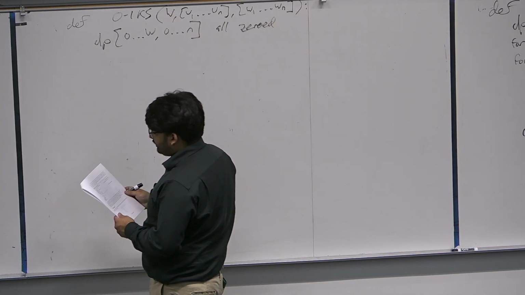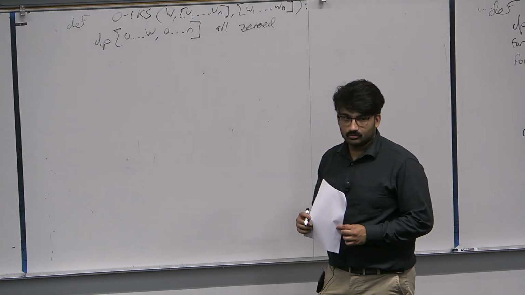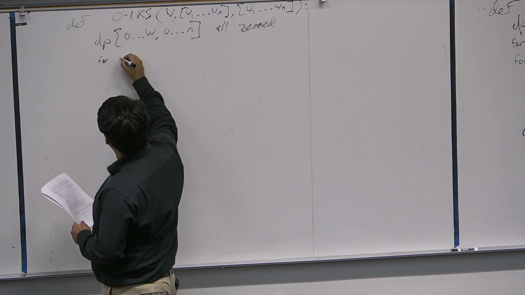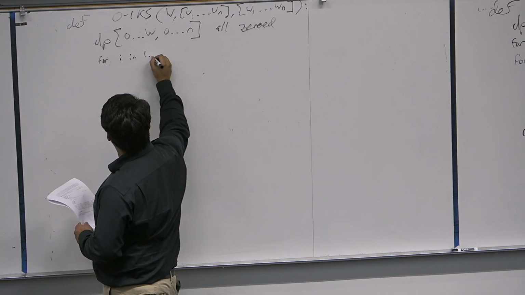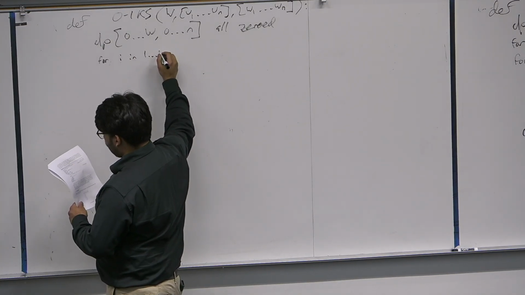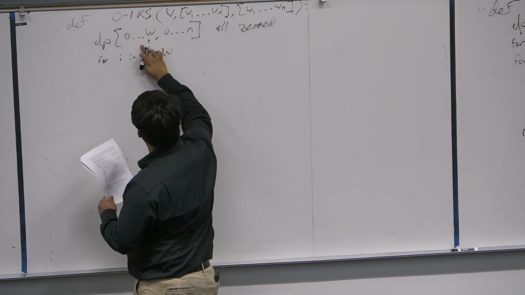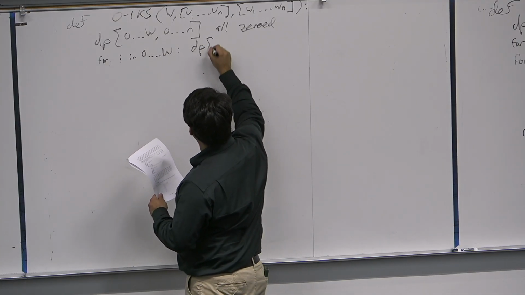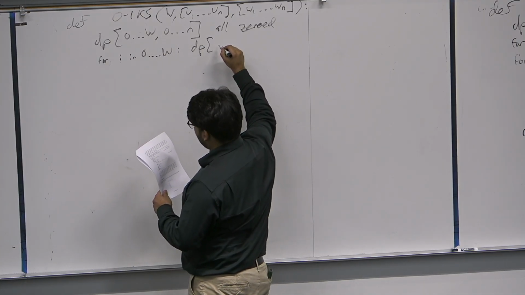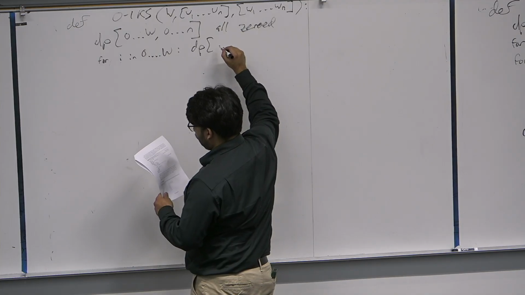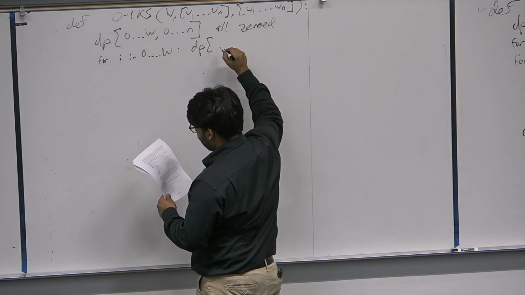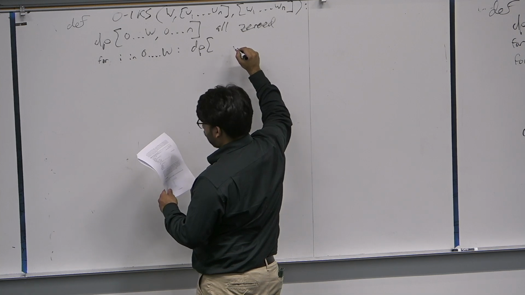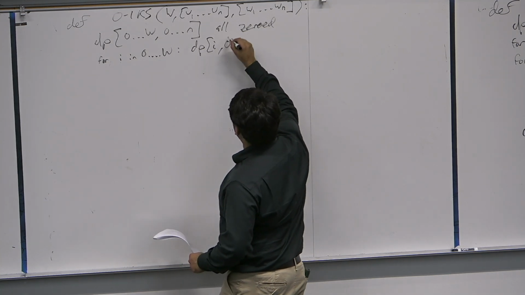What are our base cases? Weight equals 0, set everything to 0, or number of items equals 0, set everything to 0.